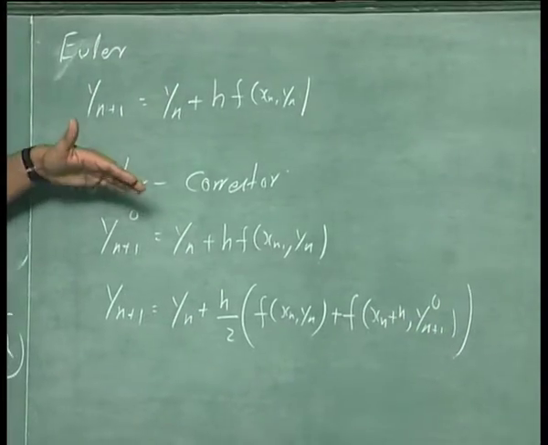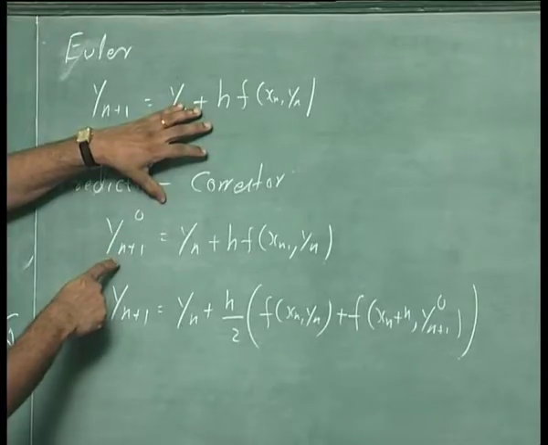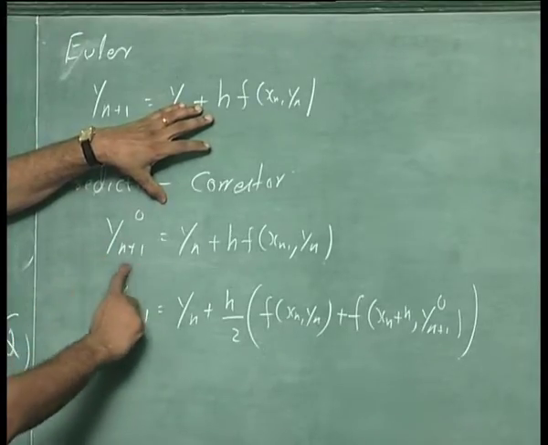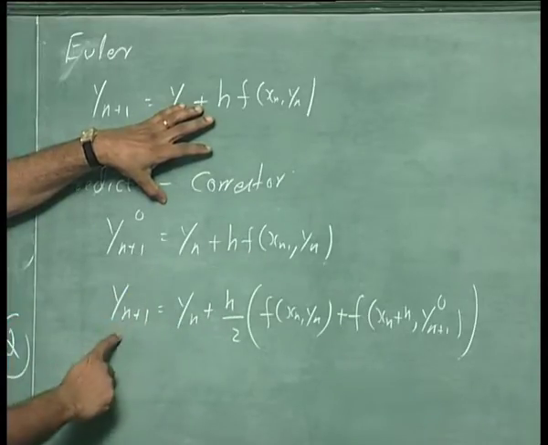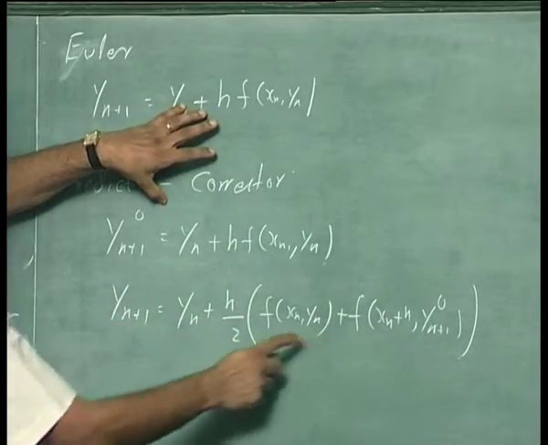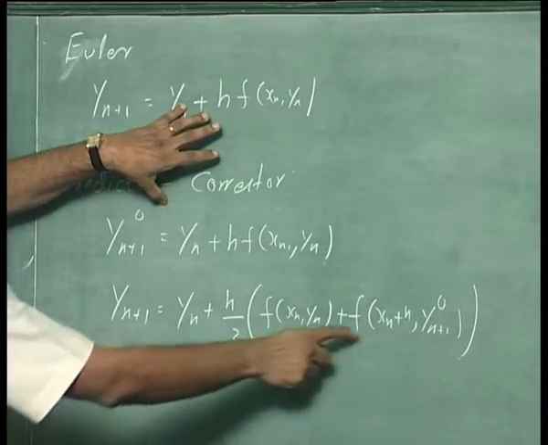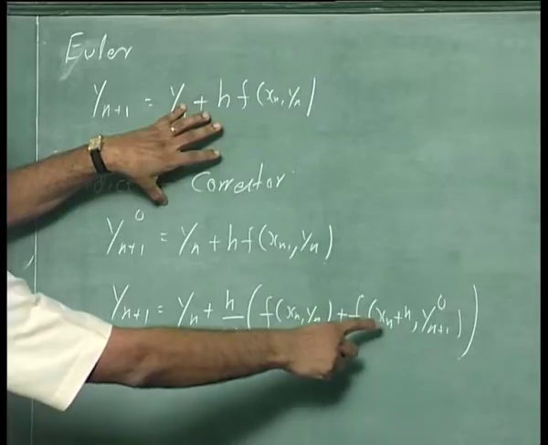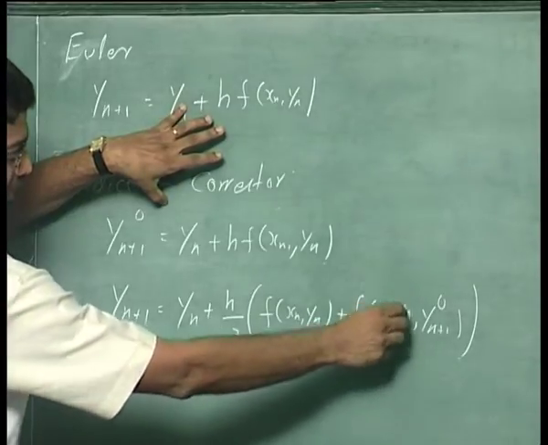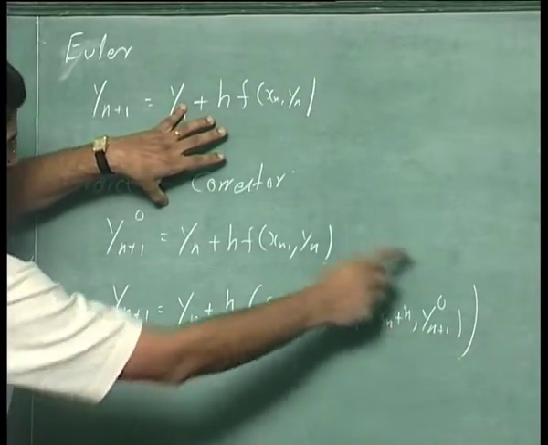In that method, we had a predicted value for yn plus 1 using the derivative at xn yn, and then we corrected that by taking a mean of these two derivatives, that is, the derivative evaluated at xn yn and the derivative evaluated at xn plus h and the predicted value yn plus 1 0.